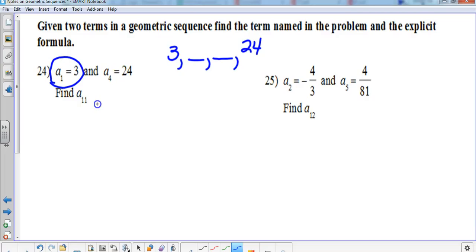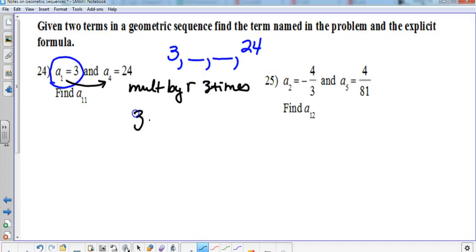Okay. How many, not differences, ratios. How many times did they multiply by r and it's not 4? Yes. Between term 1 and term 4, they multiplied by r 3 times.